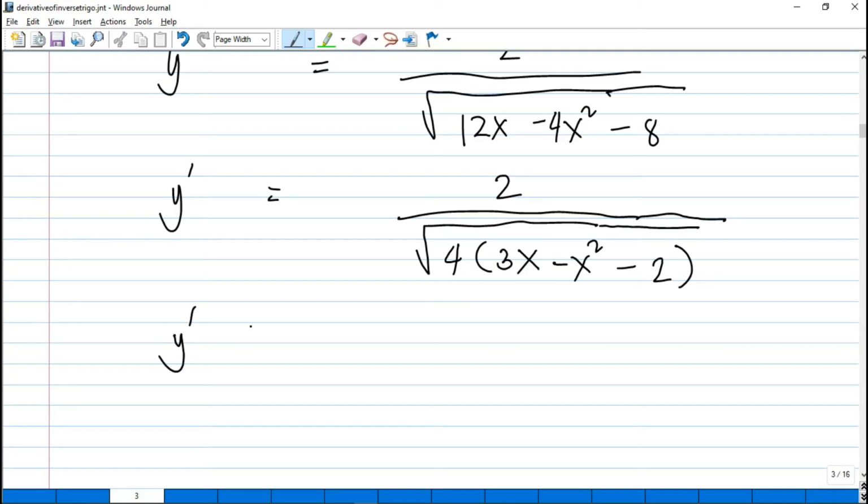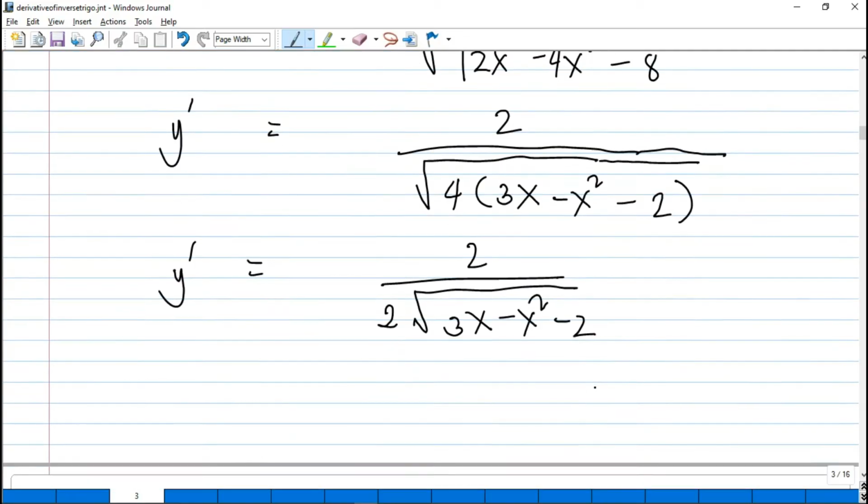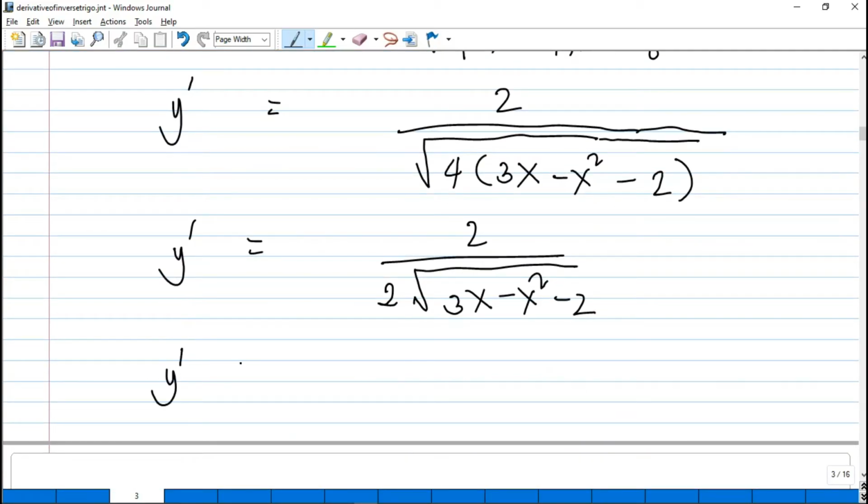So y prime equals 2 all over 2 times the square root of 3x minus x squared minus 2. Then simplifying this, we get y prime as 1 all over the square root of 3x minus x squared minus 2. So this is the final answer for this first problem.